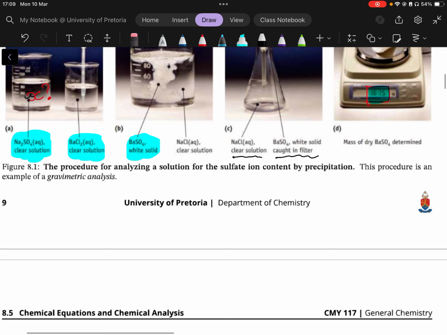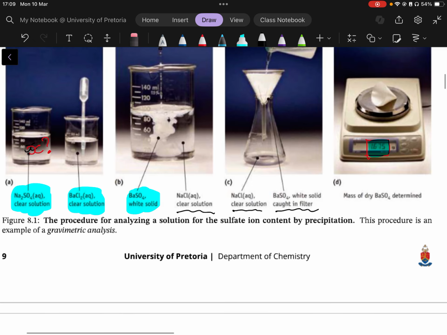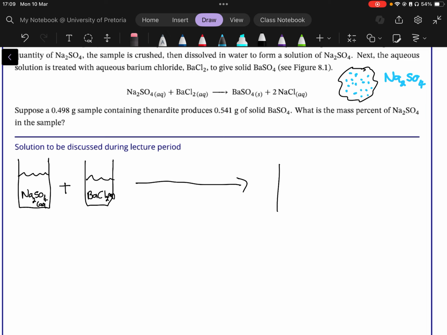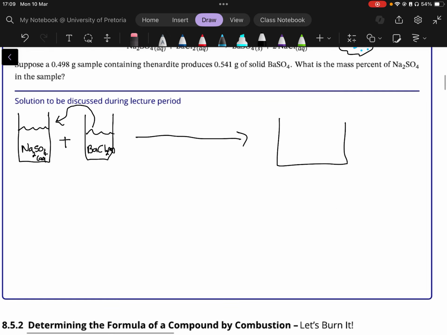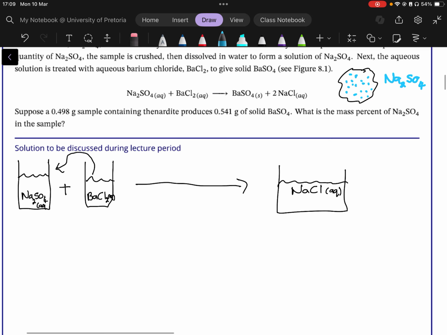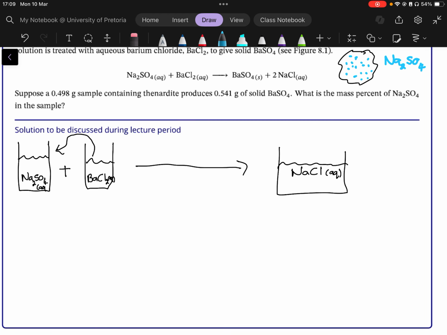It's exactly this chemical equation. So we add this one to this one, and this will cause us to have a solution of sodium chloride. Of course, technically it's ions in solution, but you can write it however you would like. And what do we have? The barium sulfate, let's make it red, will precipitate out. So it will form a little precipitate here at the bottom.